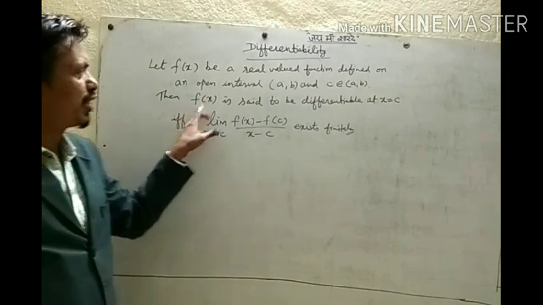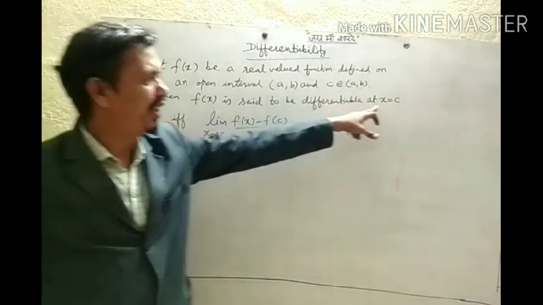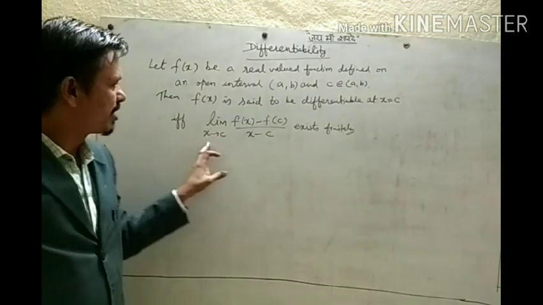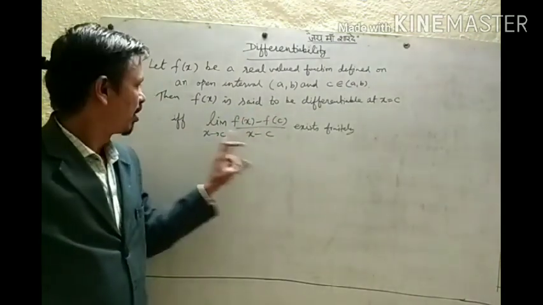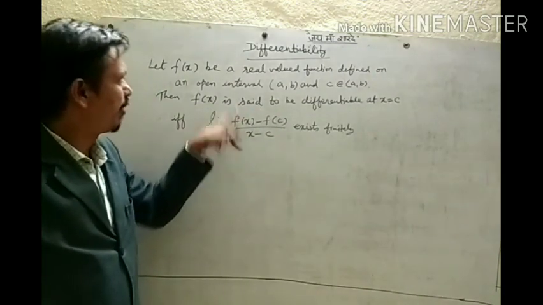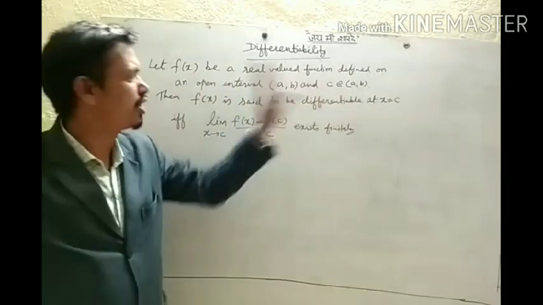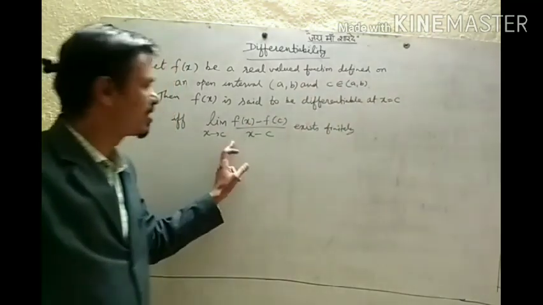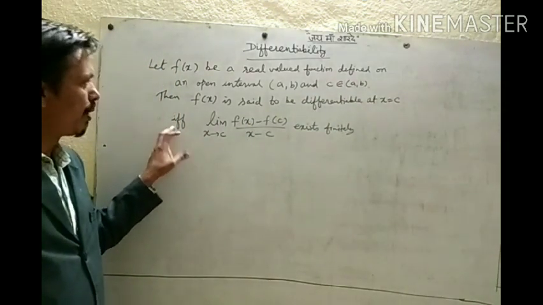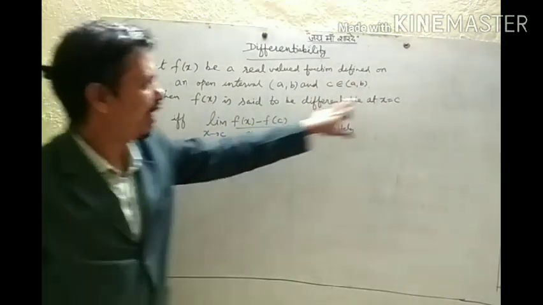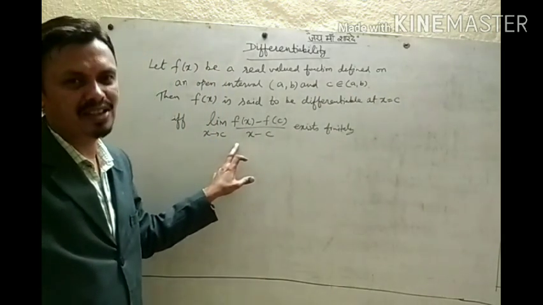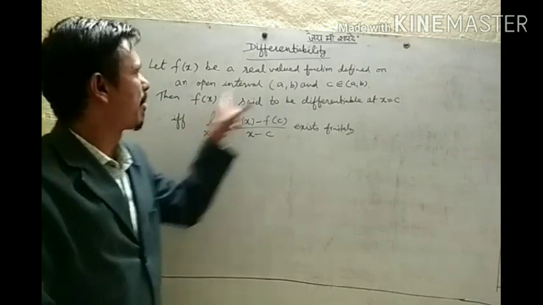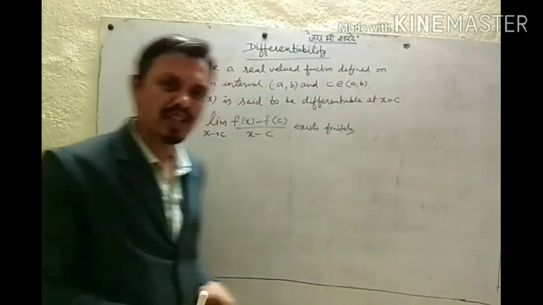Any function is said to be differentiable at the point x equal to c, where c is in the open interval (a, b), if this limit exists. If function is differentiable at x equal to c, it means this limit exists. And if this limit exists, it means the function is differentiable at x equal to c.